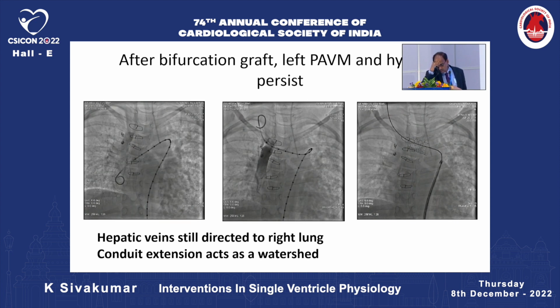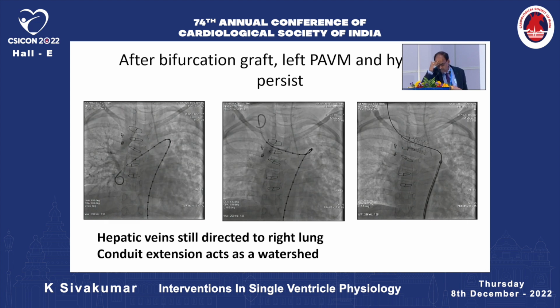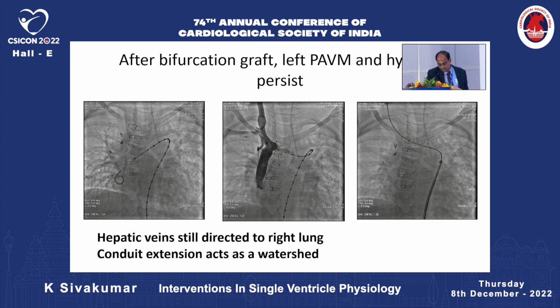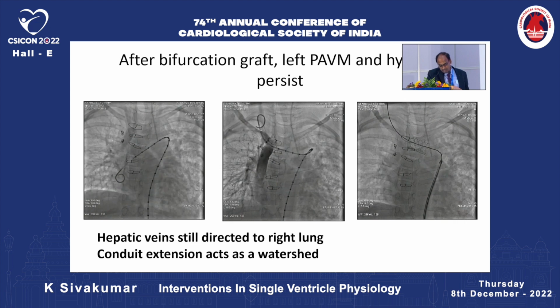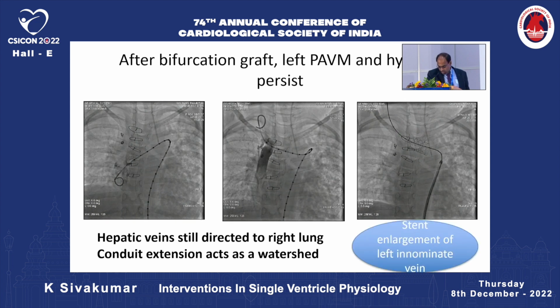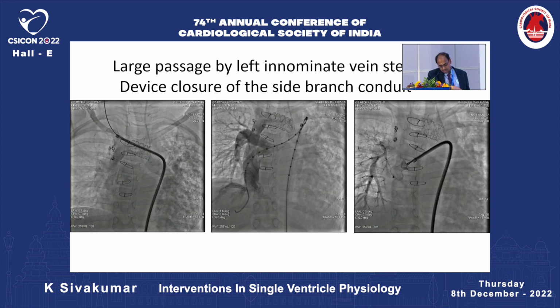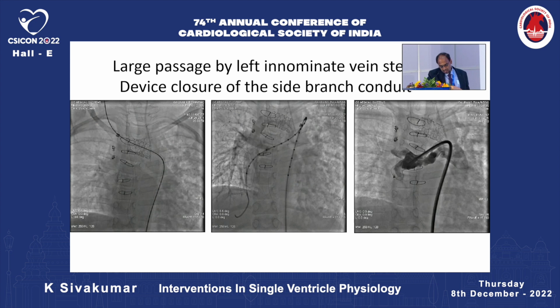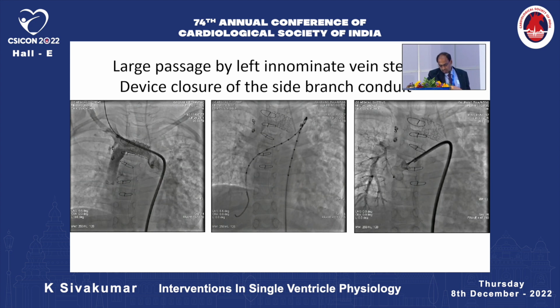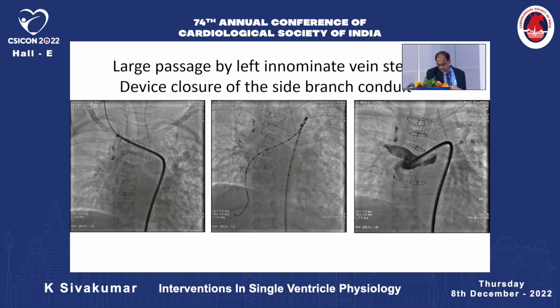So we create a larger lumen in the left innominate vein by stenting that left innominate vein, make it very large, and after that go and close off this wing that is between the hepatic vein conduit to the right pulmonary artery.